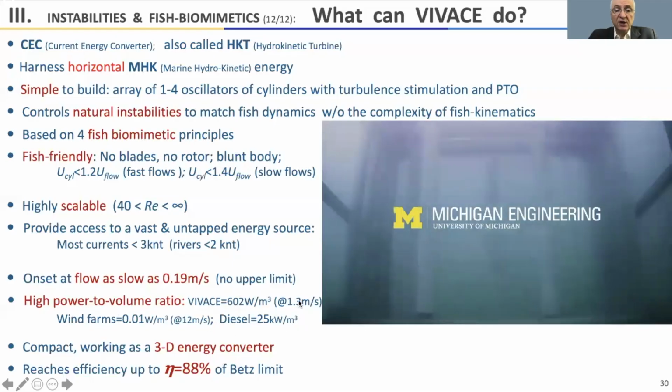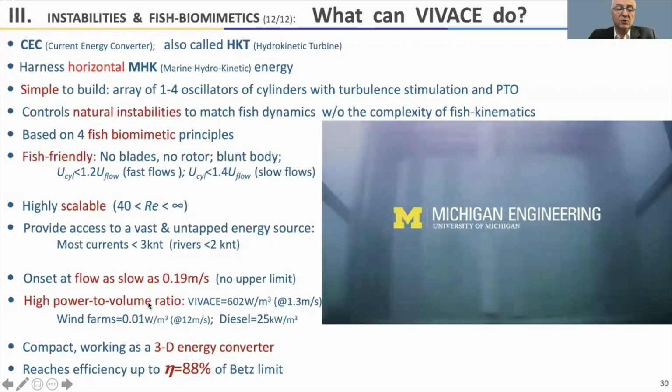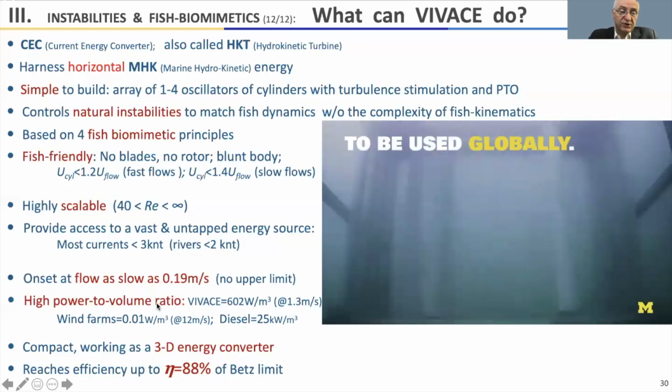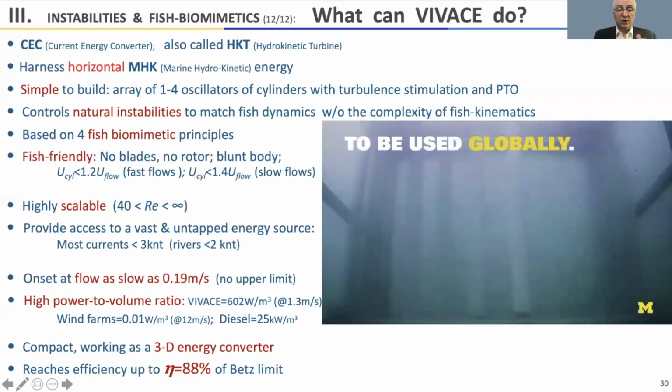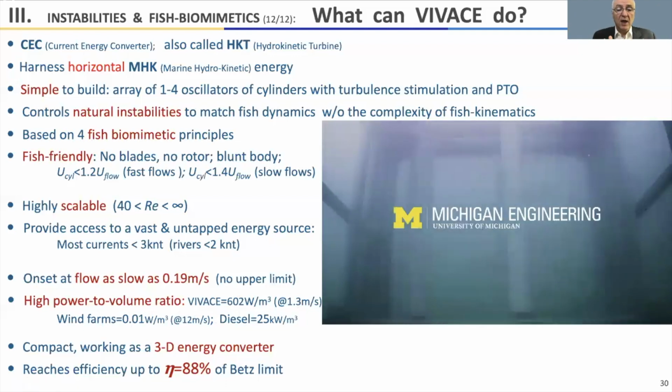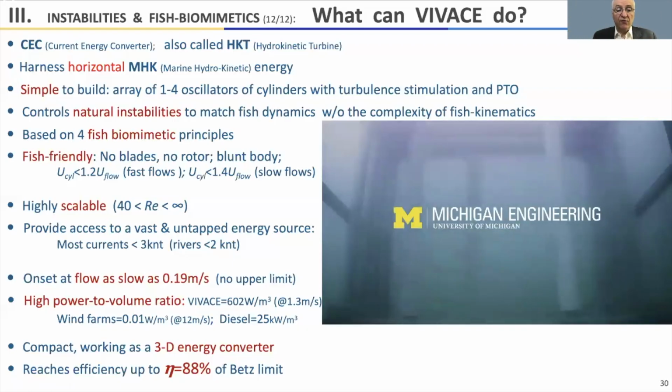The velocity at which we came up with that number of 602 watts per cubic meter is the equivalent of 12 meters per second in air, which is the rating velocity for wind farms. It is compact, and that's very important because it operates like a 3-dimensional converter, and most important, over a broad range of velocities, it can reach efficiency of 88% of the Betz limit.